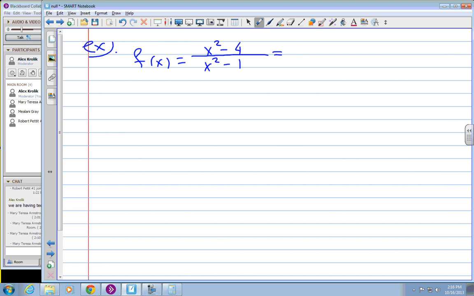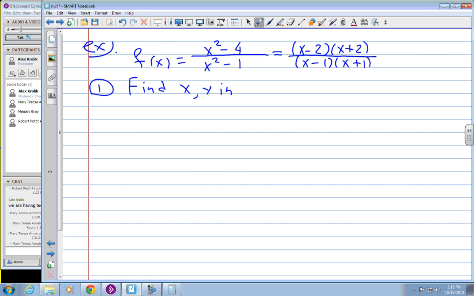Okay. So the first thing you should always do is to factor everything that you can possibly factor. When we graph these types of functions, the first thing you should find would be your x and y intercepts.